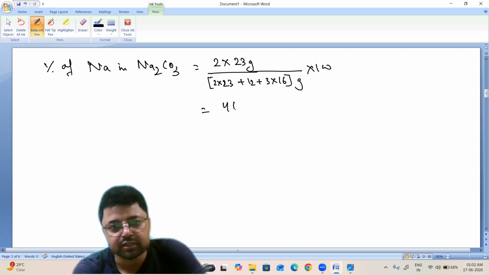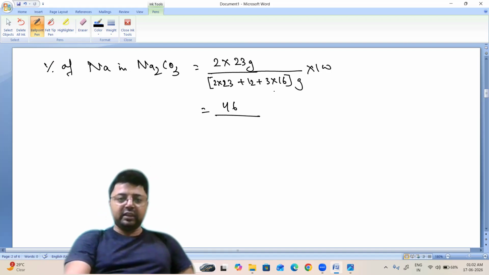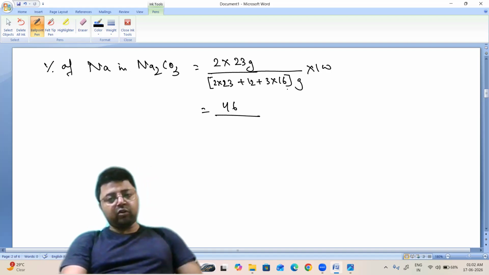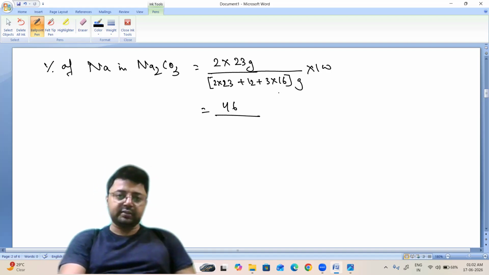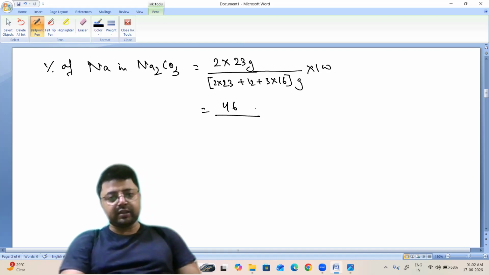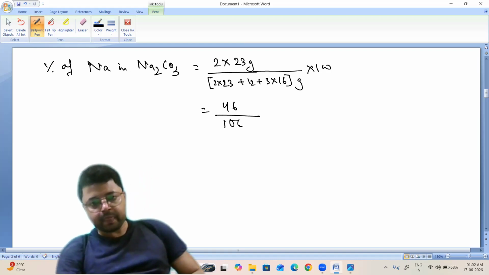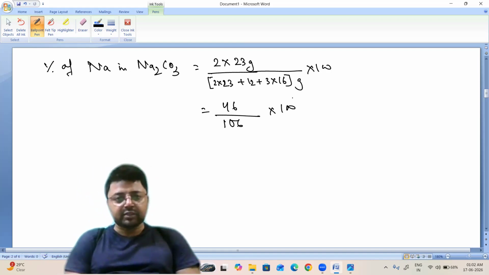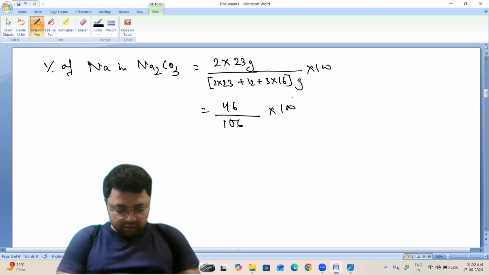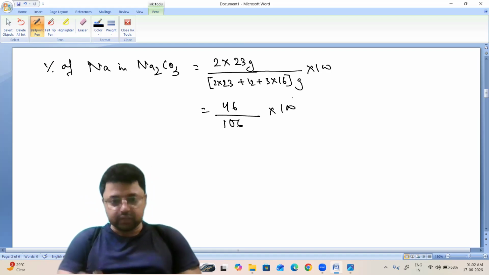So you will have 46 divided by 46 plus 12, which gives 58, plus 48. 50 plus 40 is 90, and 16 is 106, times 100. Likewise, I am just using the calculator to make the calculation easier.